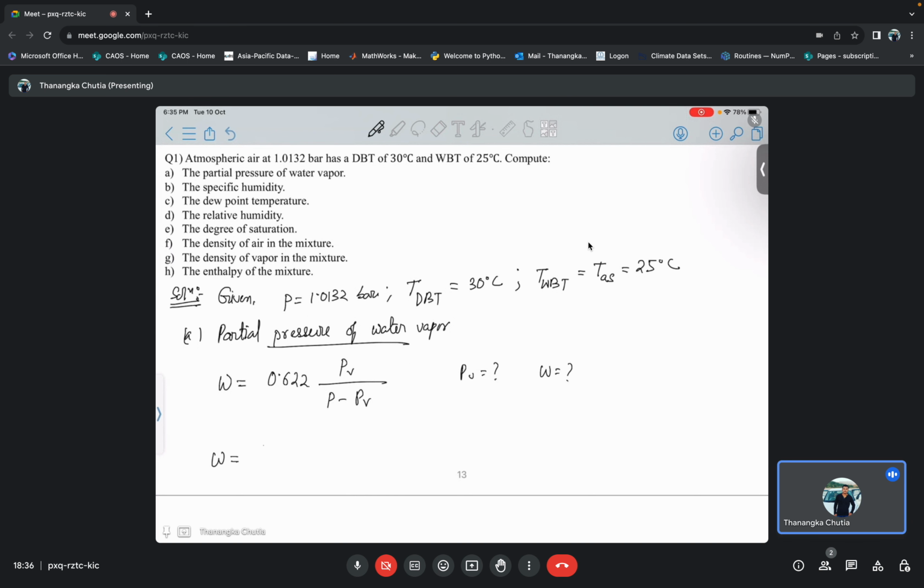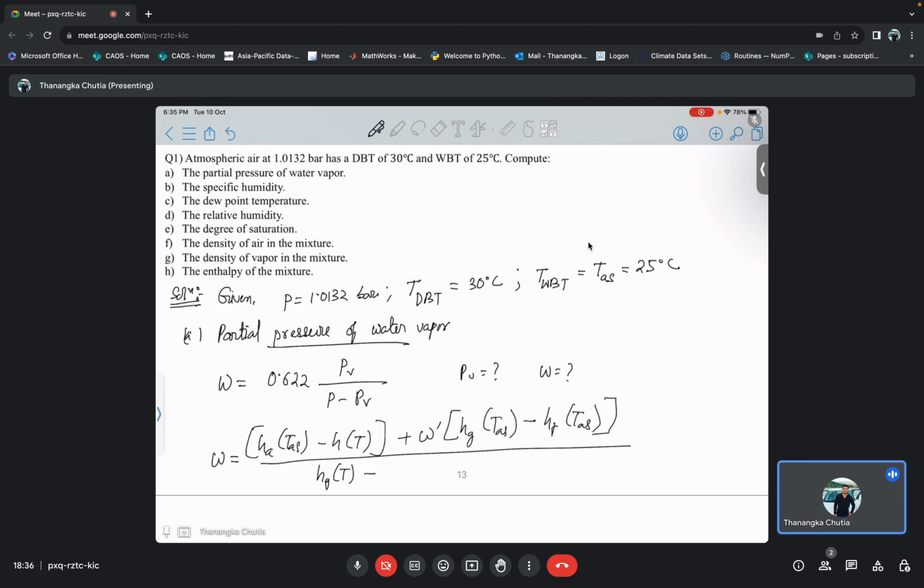W is equal to HA at the temperature TAS minus H at the temperature T, plus W prime times Hg at the temperature TAS minus HF at the temperature TAS, divided by Hg at the temperature T minus HF at the temperature TAS.